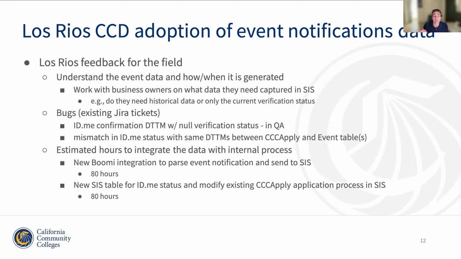We added a step at the bottom to take the application and the initial ID.me fields and put them into our new custom table. With testing and everything, that took about a couple of weeks as well.